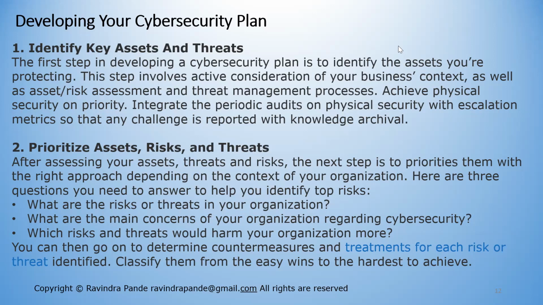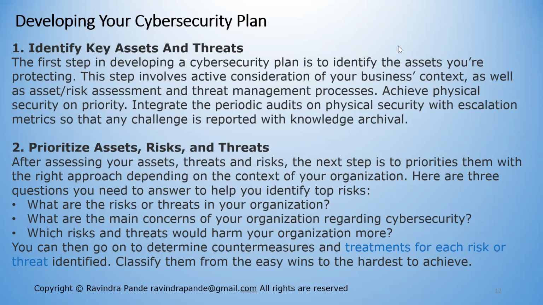First is identify key assets and threats. Within a given organization, as we've just discussed, we can't secure all the assets. The cost will be quite high. So we try to identify key or critical assets and critical threats. First, we identify key assets and try to address a list of key assets to be protected.